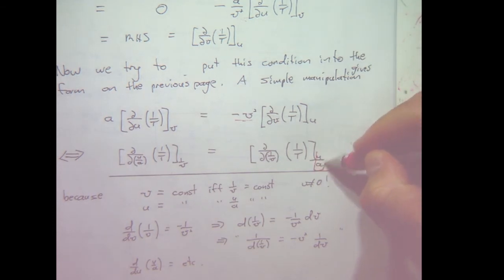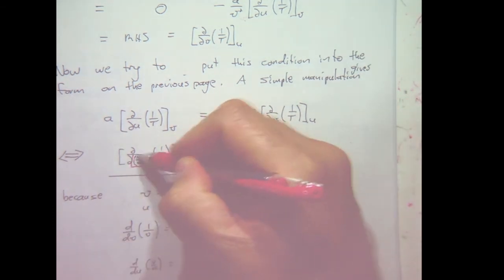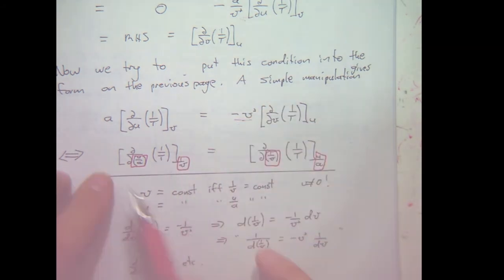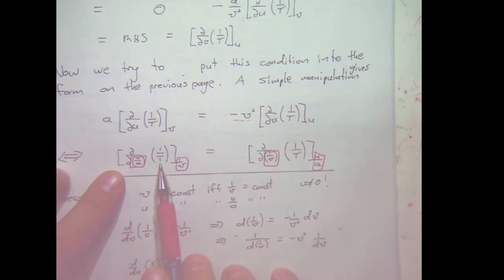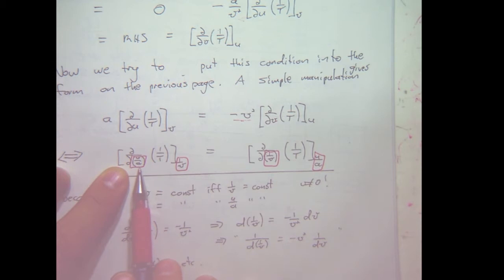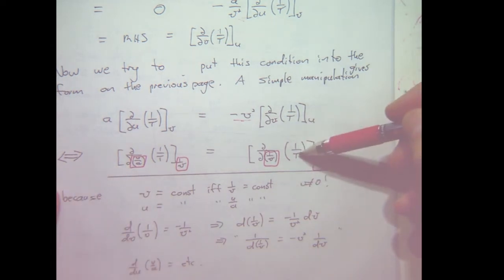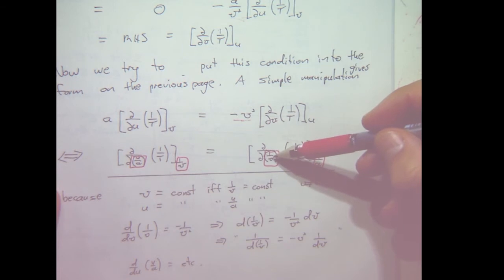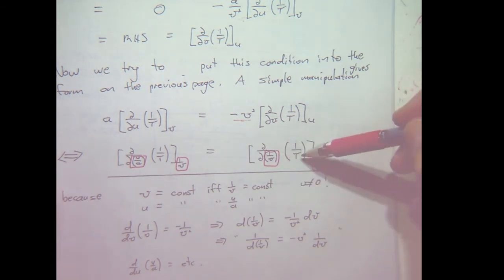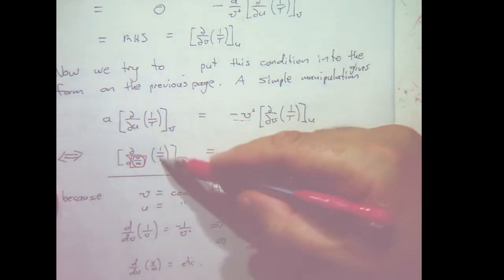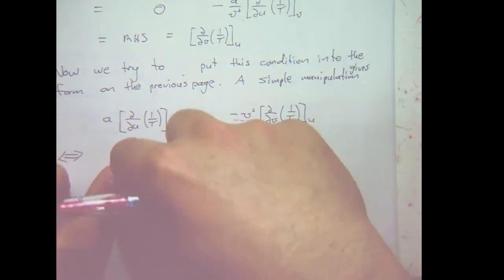What's held constant there? Oh, so we use the thing that we just did. Exactly. This is the slope of 1/T in the direction of u on a. This is the slope of the same function in the direction of 1 on v. So the trick was to get the same function here and here.